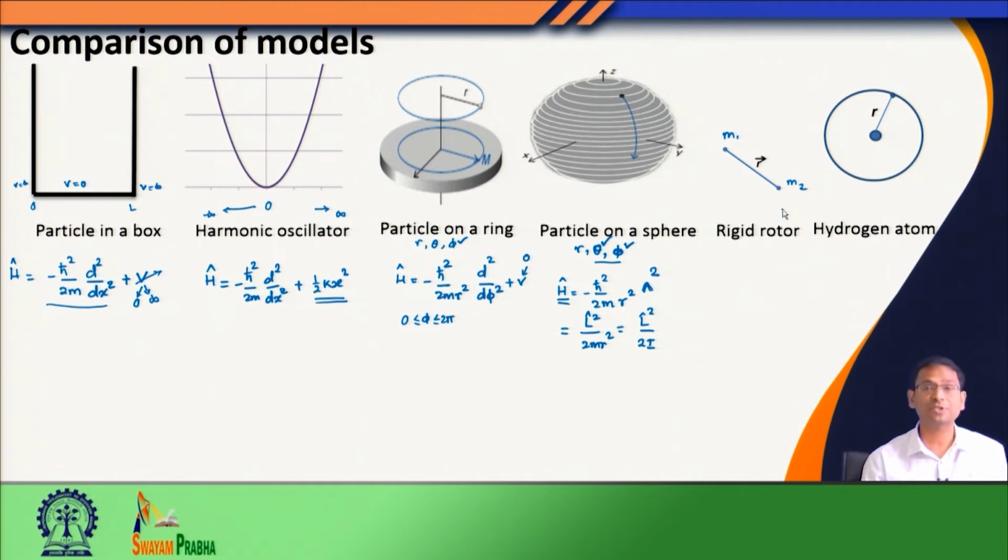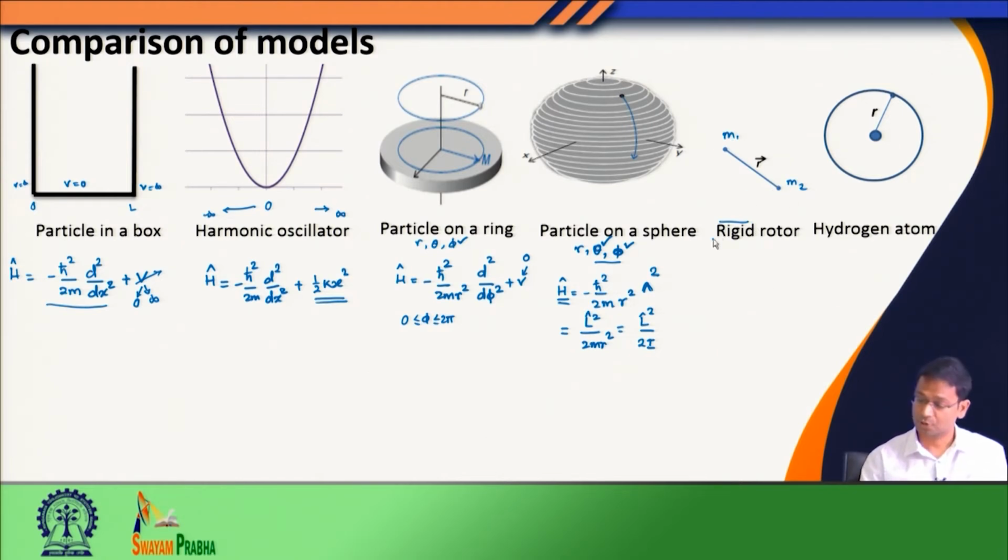Here, this is the first example where we discussed two different bodies, two different particles, although they are connected to each other by a fixed distance. So, that is why we call it rigid. It is a rotor which has two particles at two ends, and it can rotate in all three dimensions in Cartesian coordinates, but it can do so while the distance between the two particles is constant.